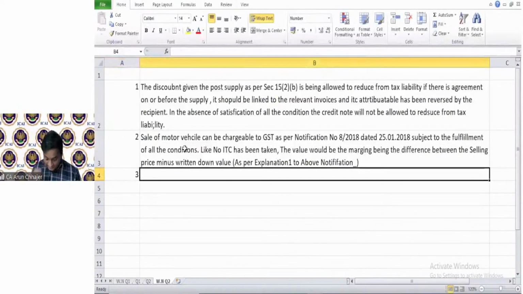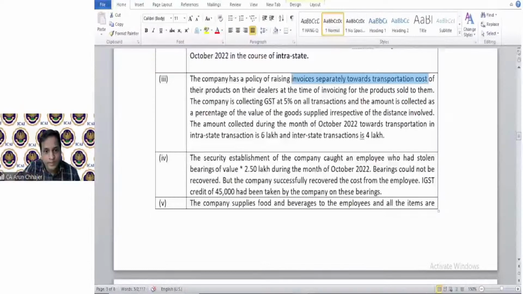So working note number 3 says that here I will take some language from here.